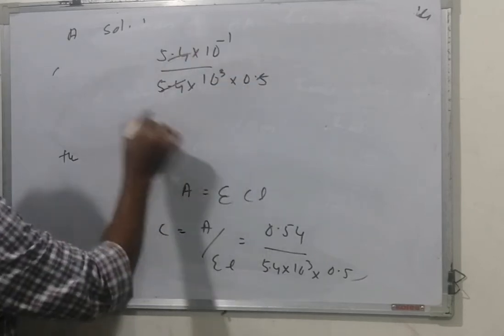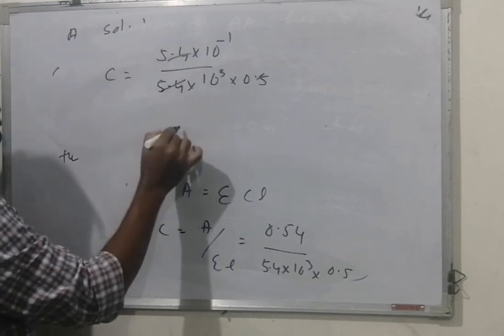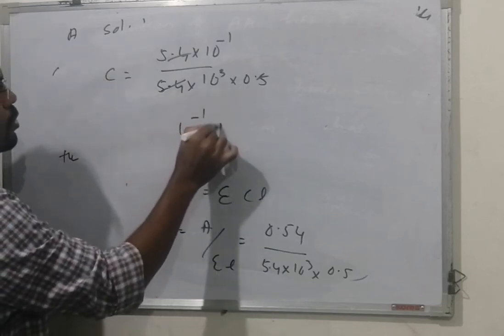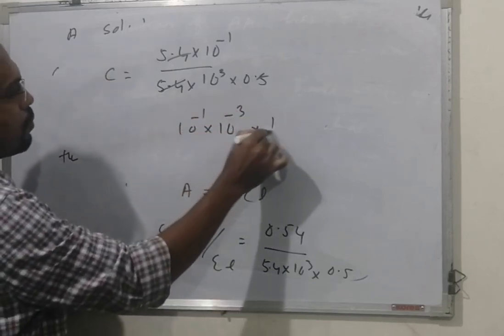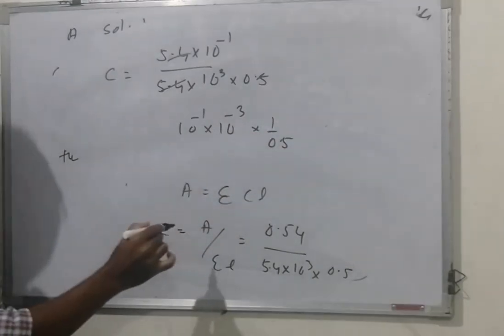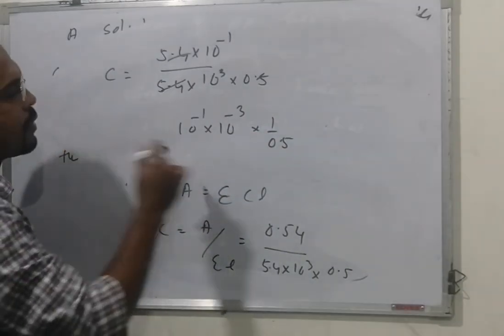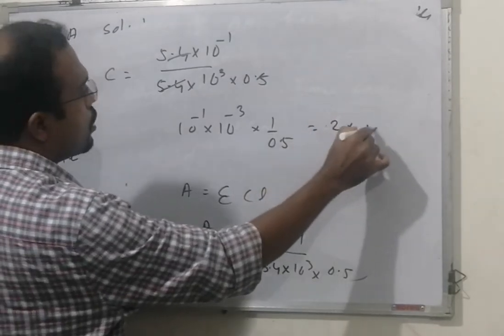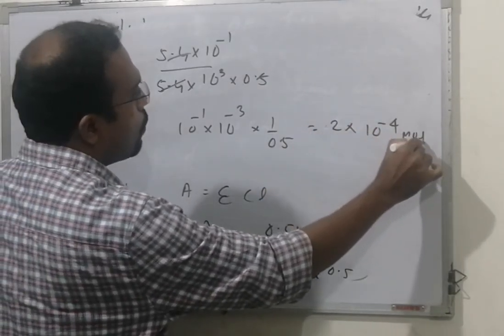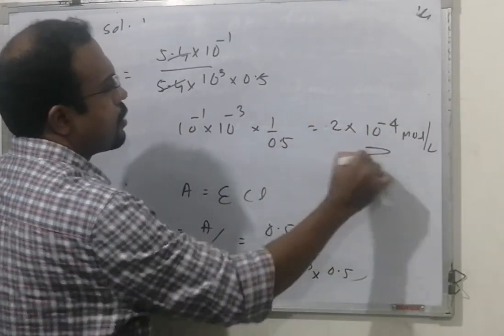This cancels. Therefore, the concentration is 10 raised to minus 1 into 10 raised to minus 3 into 1 by 0.5, which is 2 into 10 raised to minus 4 mole per liter.